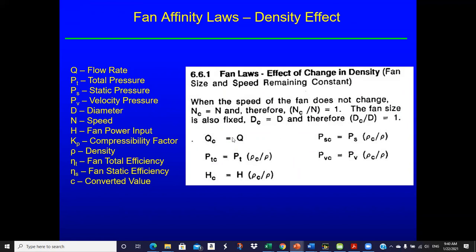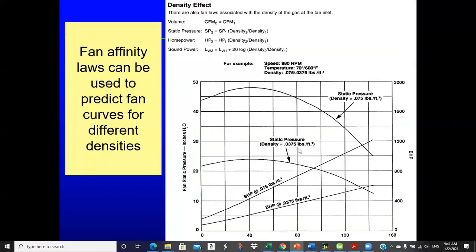So we see that the flow rate, the CFM, is not going to change, but the total pressure, static pressure, and velocity pressure are going to change by the ratio of the new density to the old density, as well as the fan power. So as the density of the fluid changes, it does have an impact on the fan. This shows an example of it.